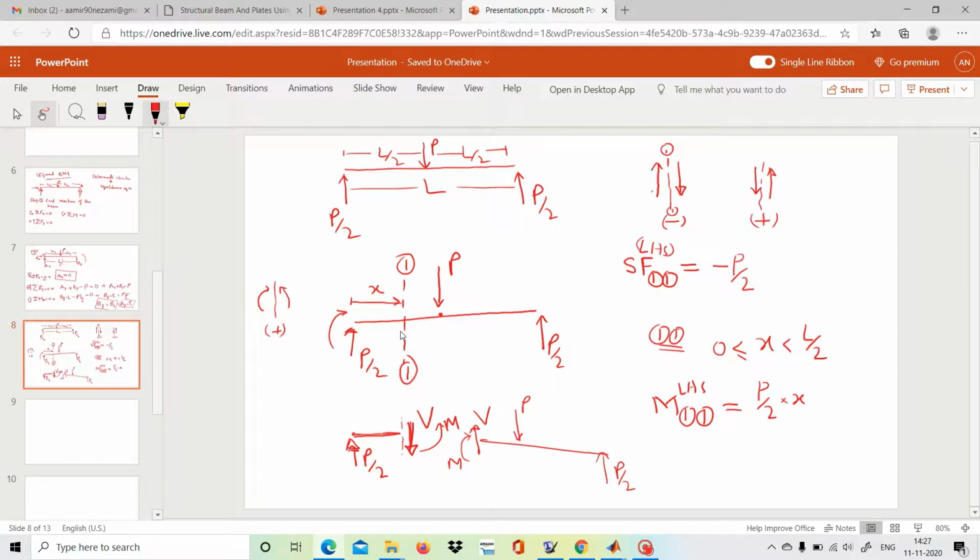Okay, so section 1 1 is over. Now we can also choose a second section at this place, 2 2. This would be just symmetric to the first.